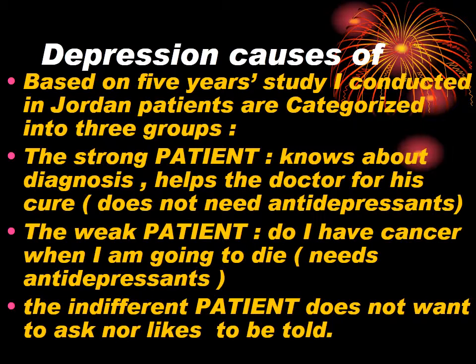Then we have the weak patient who always asks, do I have cancer? When am I going to die? This patient needs antidepressants. And the third kind of patient is the indifferent patient who does not want to ask you nor likes to be told.